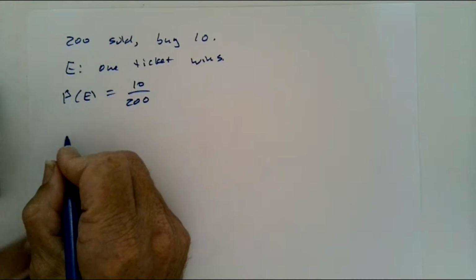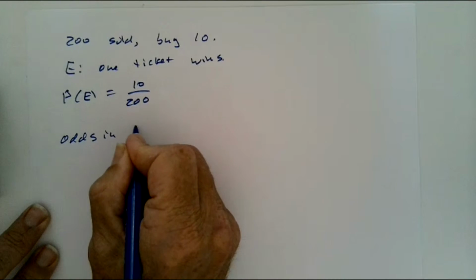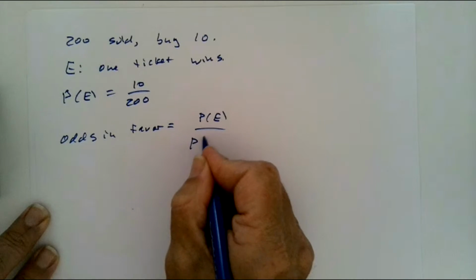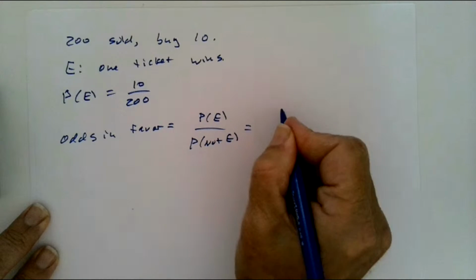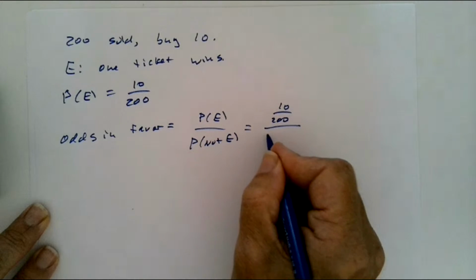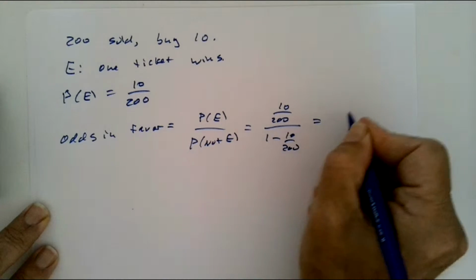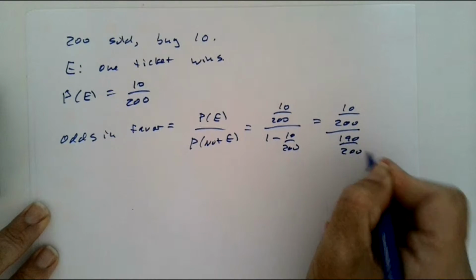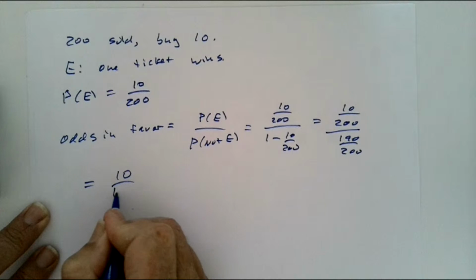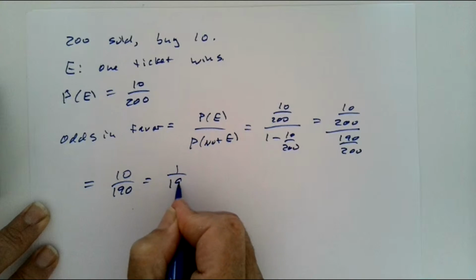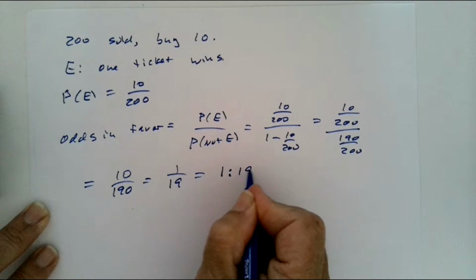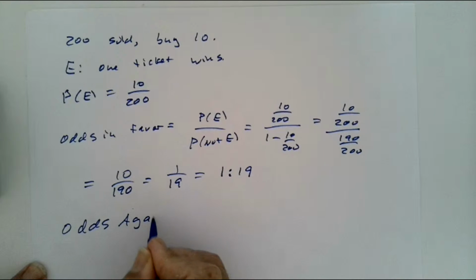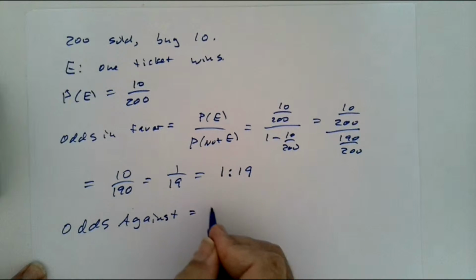We want the odds in favor: the probability of E divided by the probability of not E. So 10 out of 200 divided by 1 minus 10 out of 200. 10 out of 200 divided by 190 out of 200, which will become 10 over 190, or 1 to 19. That would be my odds in favor, and then the odds against, just the reciprocal, would be 19 to 1.